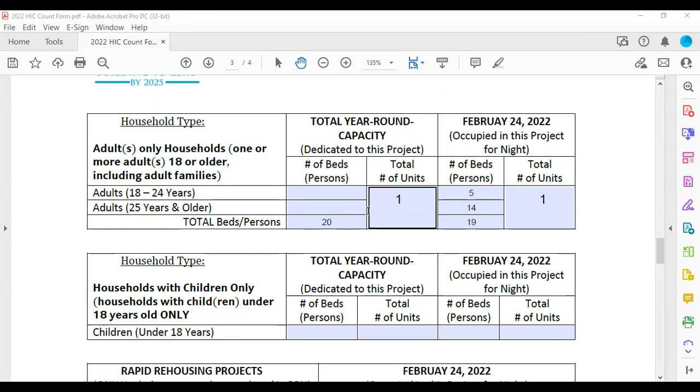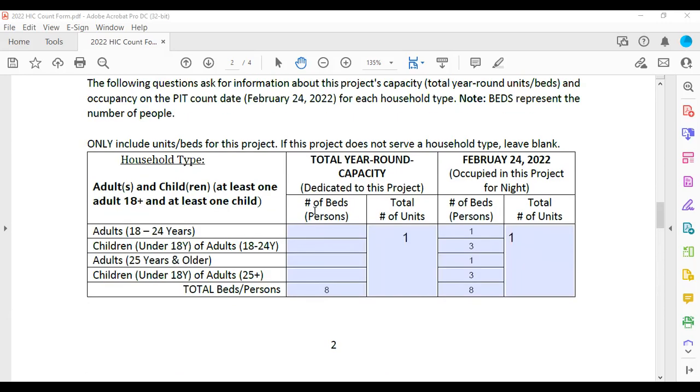Right. So my suggestion for your program would be to report everybody up here. I'm sorry, up here, I apologize. Because this right here will break down how many you have on this particular day. So your capacity total is what? Well, like 10 rooms currently.